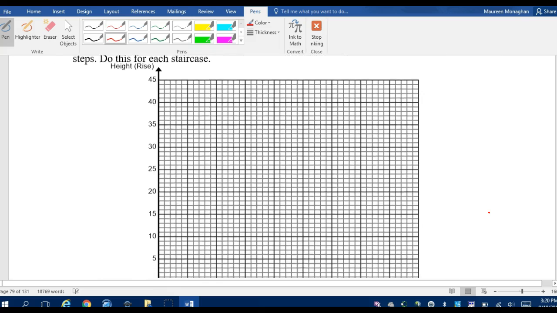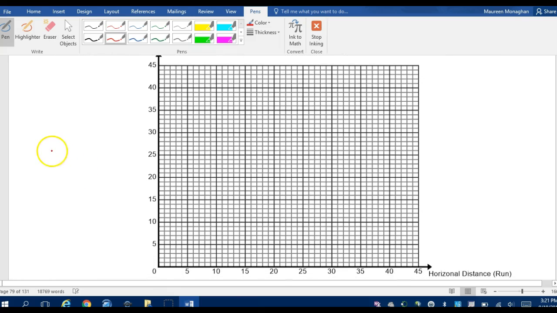Okay? So let's start with the first one. Well, staircase number 1, I'm going to do in red. And that one is 5 over 5, rise 5, run 5. Up and over, up 5, and over. So that's what that's going to look like.